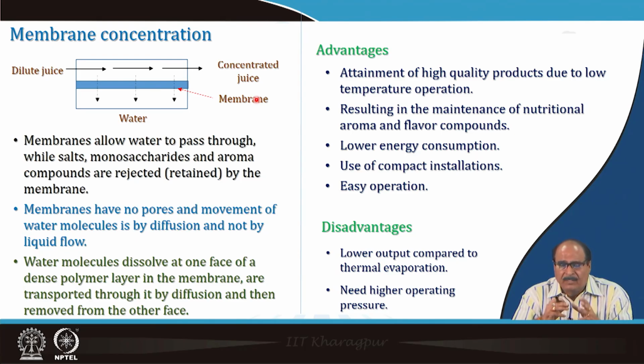It is the attainment of a high quality product due to low temperature operation, resulting in the maintenance of nutritional, aroma and flavor compounds, lower energy consumption, use of compact installation and easy operation. However, it also has certain disadvantages like lower output compared to thermal evaporation and needs higher operating pressure here.